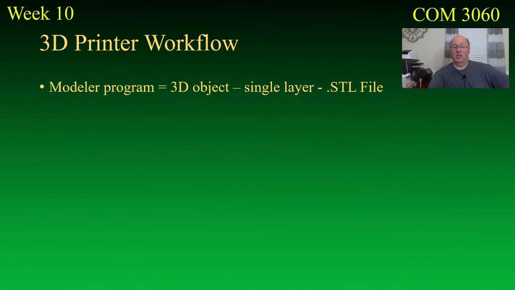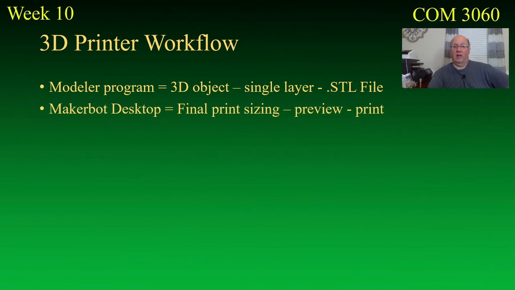You export that as an STL file. The MakerBot desktop accepts the file, and then you can go ahead and do your final sizing, your preview, and your print. The 3D printer is now fully operational, and the computer in that corner workstation is operational as well, so you can use that to finalize anything you want to do. You can even do it all in there.